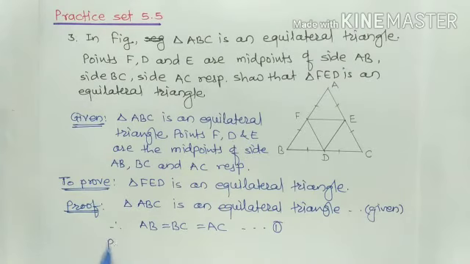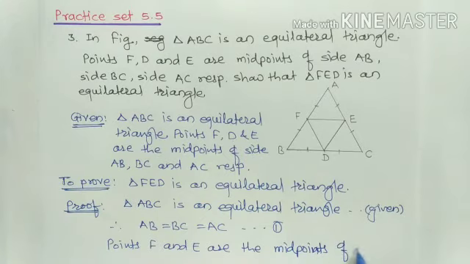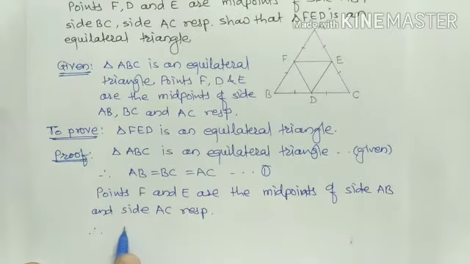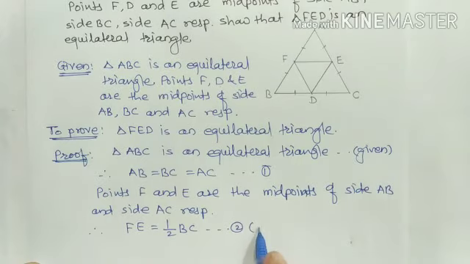Now points F and E, see in the figure, are the midpoints of side AB and side AC respectively, and therefore FE equals half BC. Number 2, reason: by midpoint theorem.